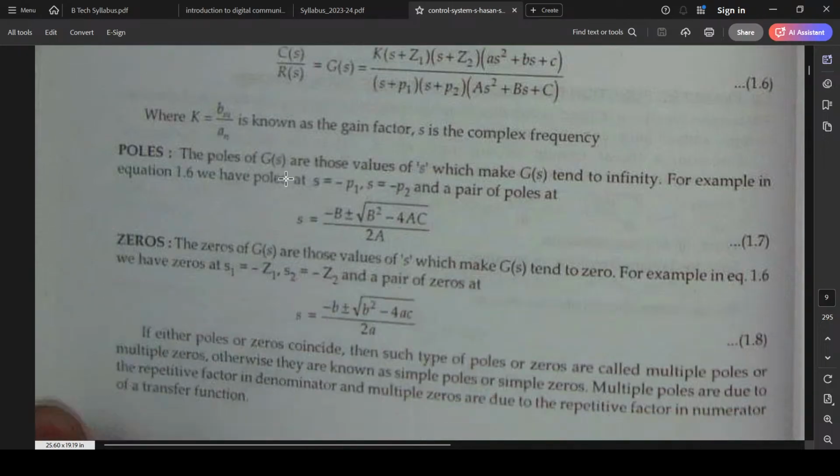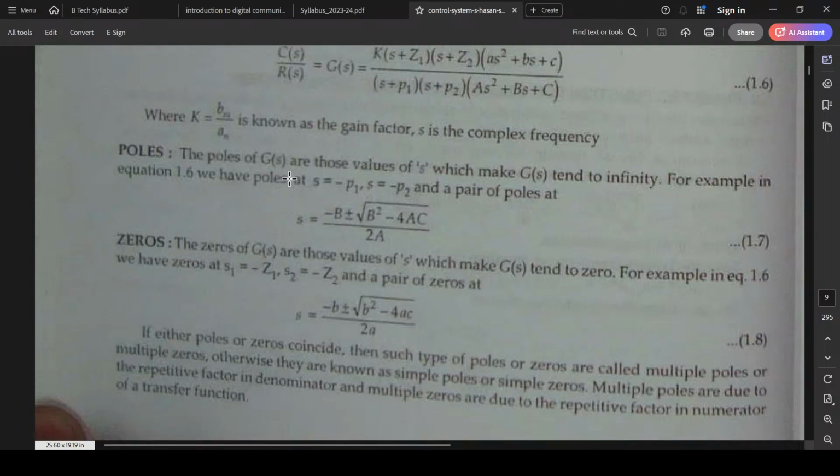So what are poles? The poles of G(s) are those values of s which make G(s) tend to infinity.